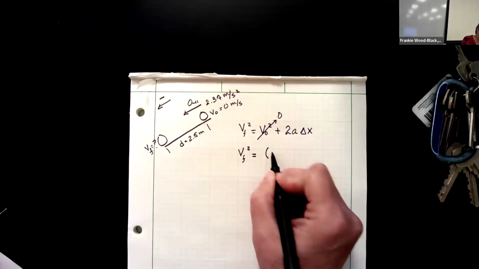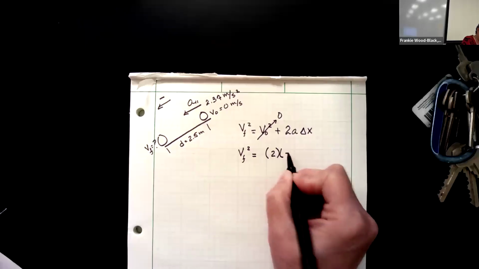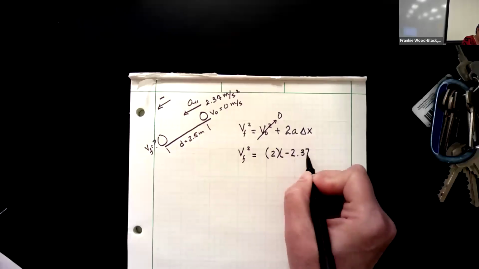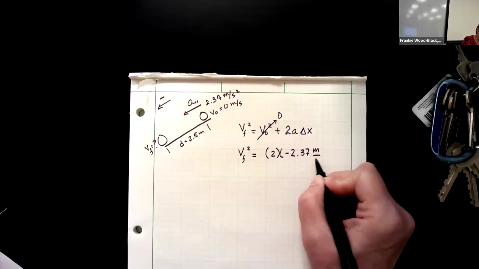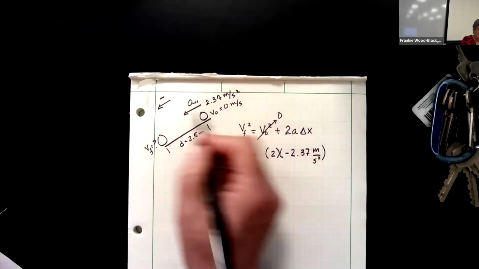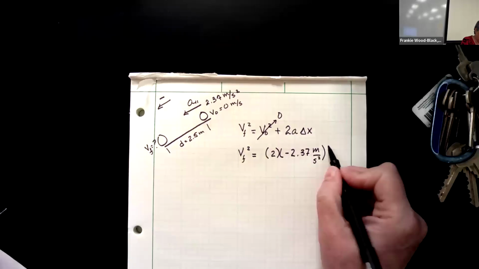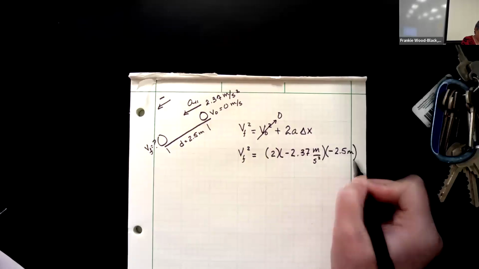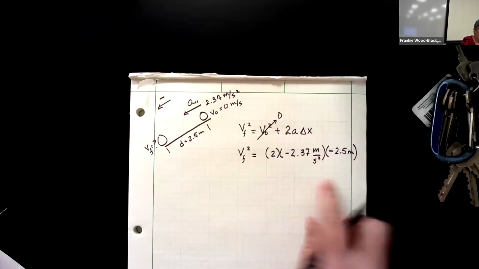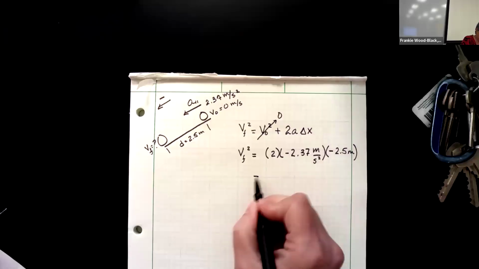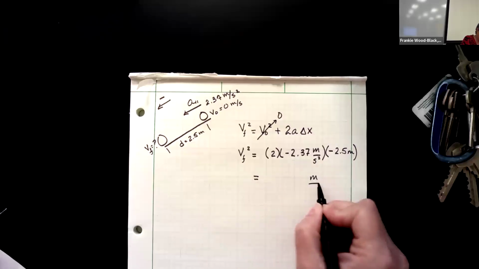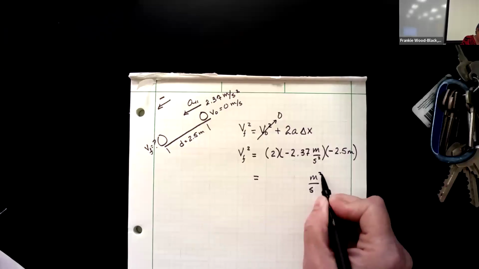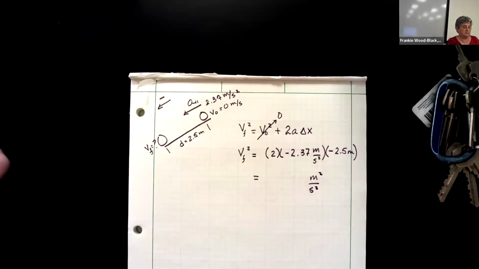So this is going to be 2 times a negative 2.37 meters per second squared, but my change in position is also negative, so I get a negative 2.5 meters. So my units are meters squared per second squared.